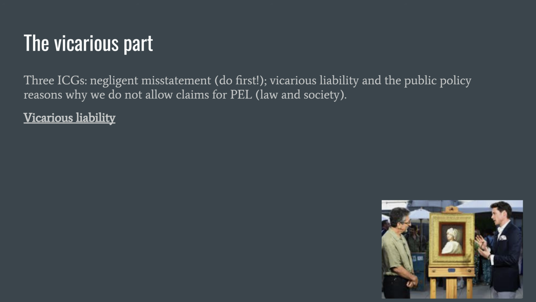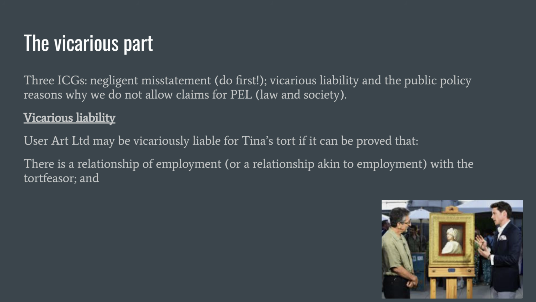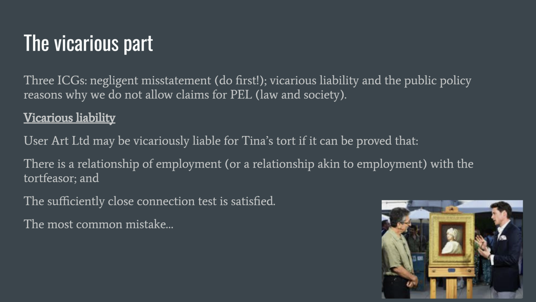So for the vicarious liability part, you would be able to say that User Art Limited might be vicariously liable for Tina's tort if there's a relationship of employment or a relationship akin to employment and the sufficiently close connection test is satisfied. Now, the most common mistake in this scenario is to say that the fact that she's been told only to value paintings and she values a vase means that User Art are not liable.